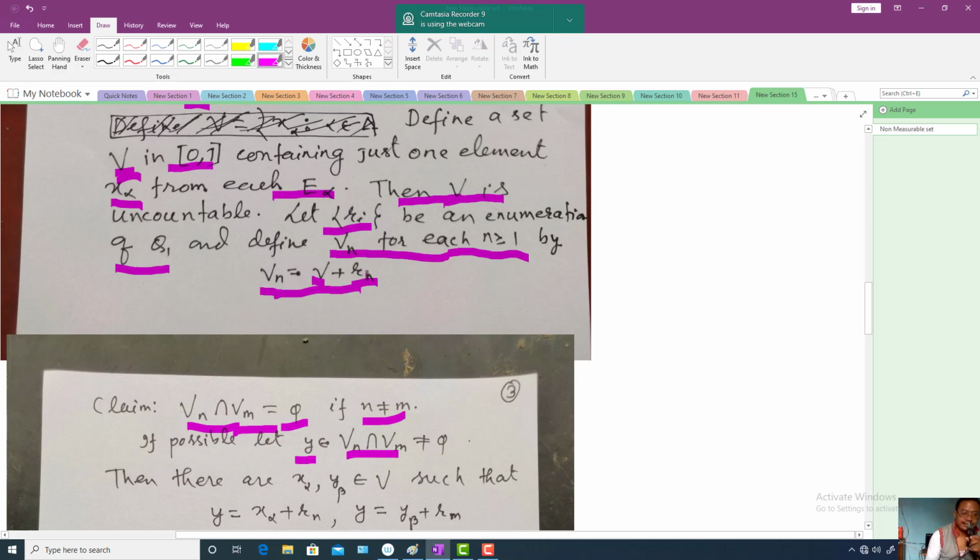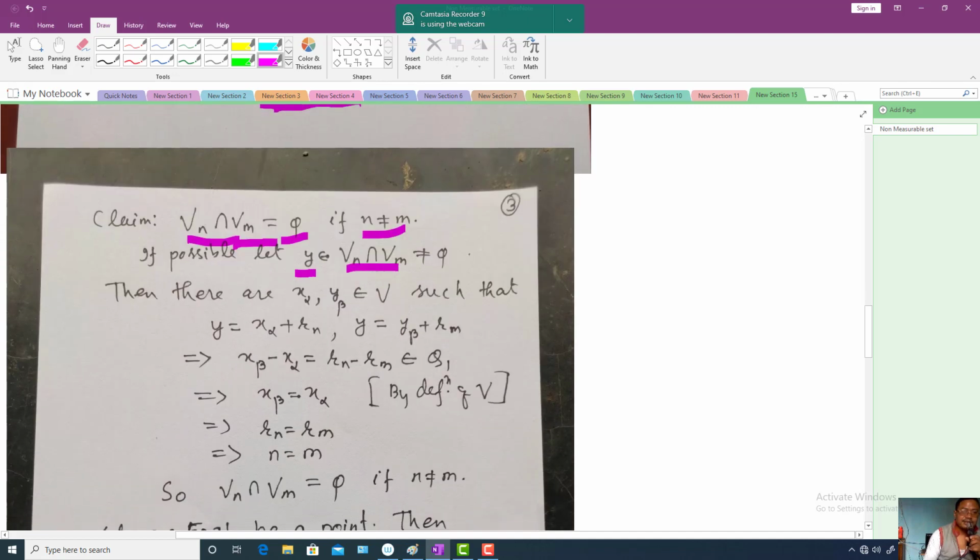So y is a member of Bn, it is also a member of Bm, means there are elements x alpha and y beta in B such that y is equal to x alpha plus Rn.